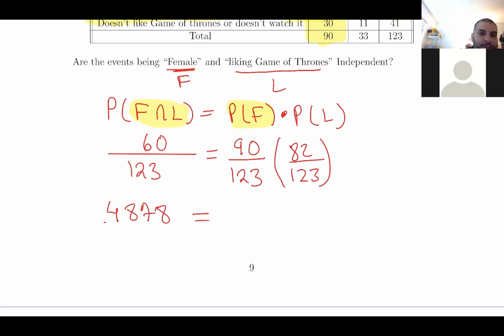So now I'm going to do 90 divided by 123 and multiply this by 82 divided by 123. Once you do that, what do you get?